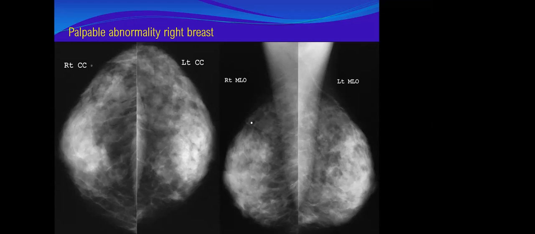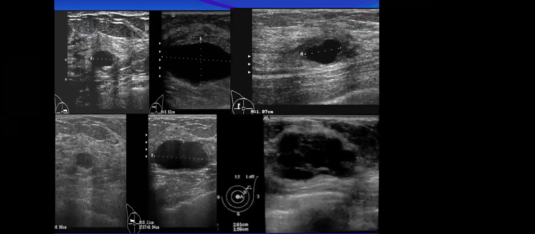And being there is a palpable abnormality, what should be next? Ultrasound. Yes, I should go for ultrasound of the patient to target the area of palpable abnormality. This is the ultrasound. What about the ultrasound?